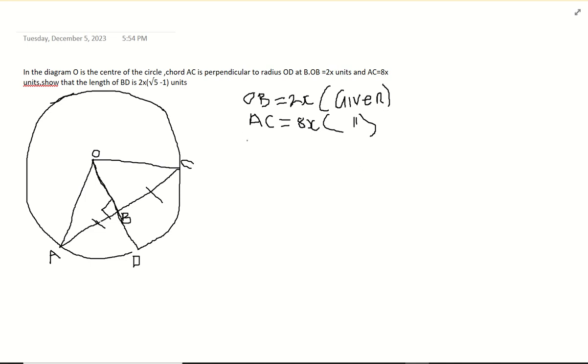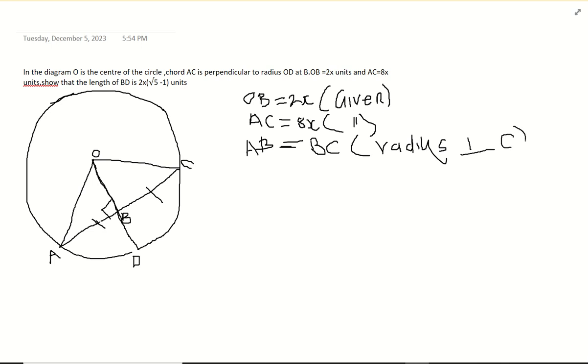So I will say AB is equal to BC. Then my reason will be the radius is perpendicular to the chord.